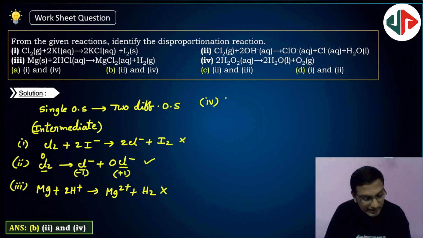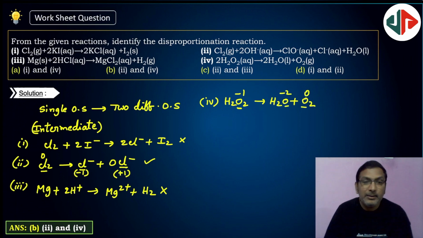I am taking just H2O2 gives H2O plus O2. So here O oxidation state is -1, here O state -2, here O state 0. So a single oxidation state is divided into two different ones. Therefore disproportionation.